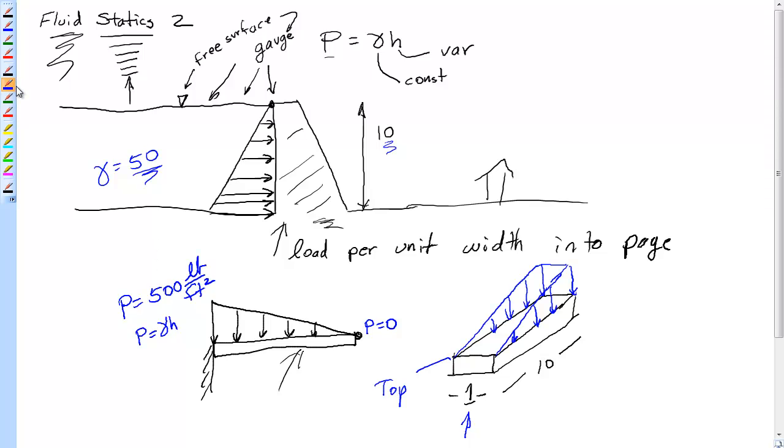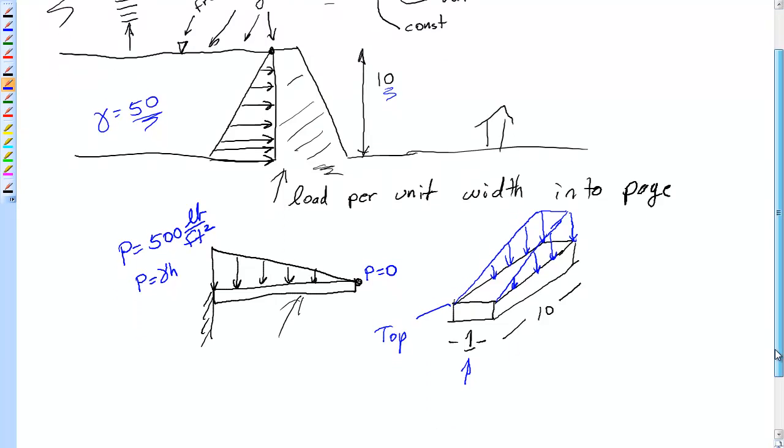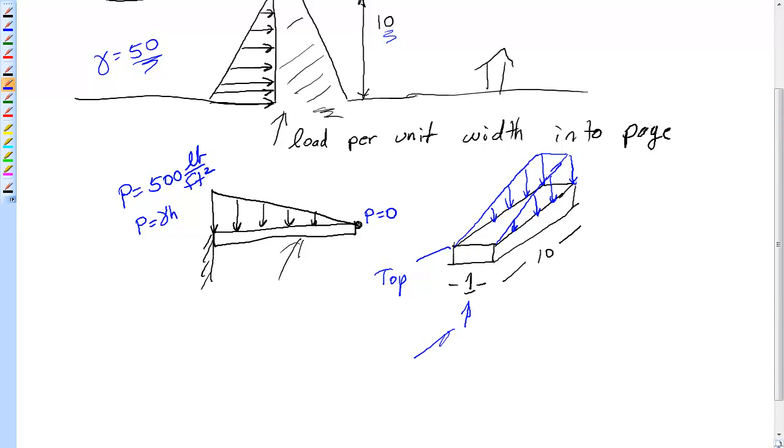Now, in statics, you were used to seeing a load per running foot, so much pounds per foot. And then you started working the problem based upon that. Now, the fact that this is 1 in depth means that I can go in here and take a small strip across here and look at the pressure.